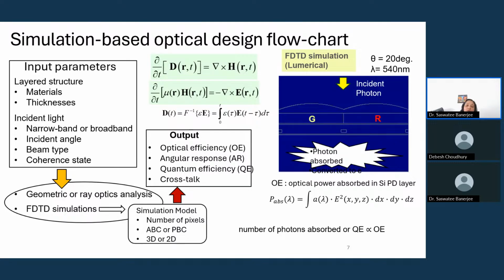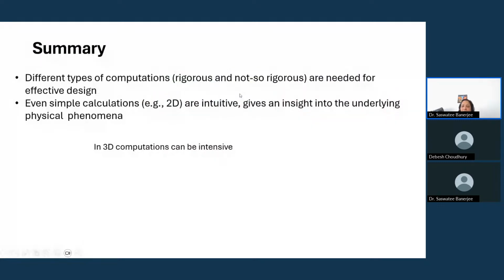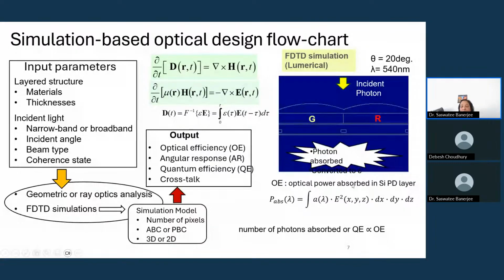So what you are getting from this kind of simulation is actually the optical efficiency, that is the power that is absorbed. And here on the right-hand side, this depends on the absorption. Silicon has a dispersive complex refractive index, that is, it has an imaginary part. The imaginary part will decide how much light is absorbed inside the material.